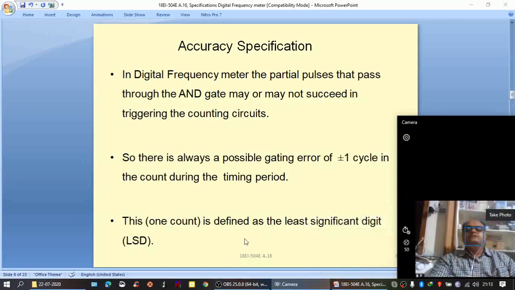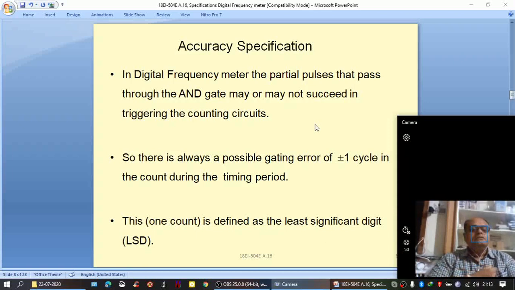Next important topic in frequency measurement using a digital frequency meter is the accuracy specification. In a digital frequency meter, the partial pulses that pass through the AND gate may or may not succeed in triggering the counting circuits.